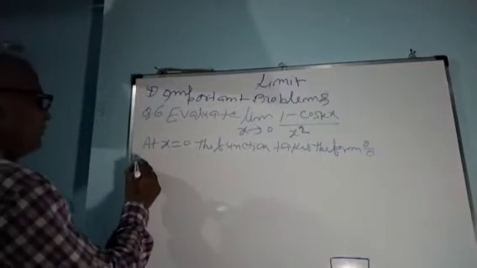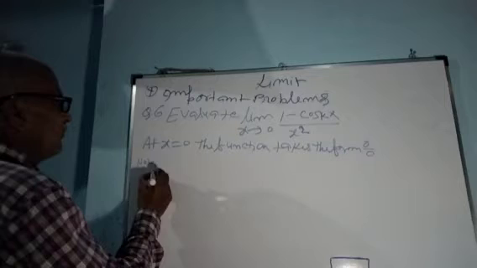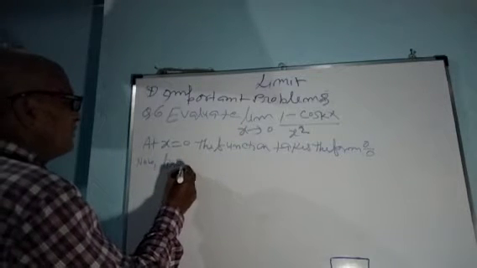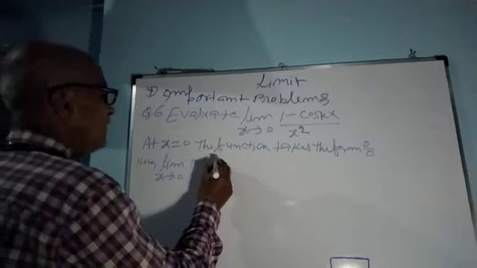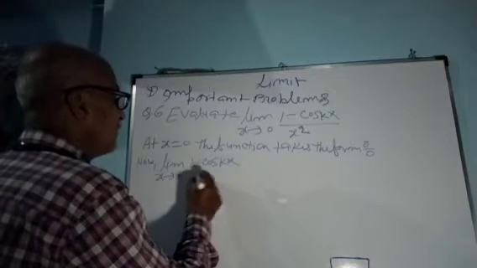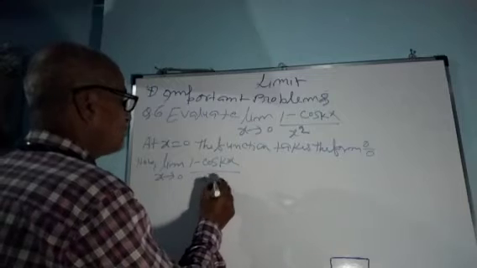Now, limit x tends to 0, 1 minus cos kx by x square.